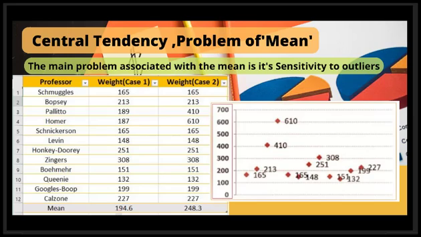We have to be careful when we have a set of data and we're asked to calculate the mean. The first thing that we have to do is simply assess: are there any outliers in the data or not?